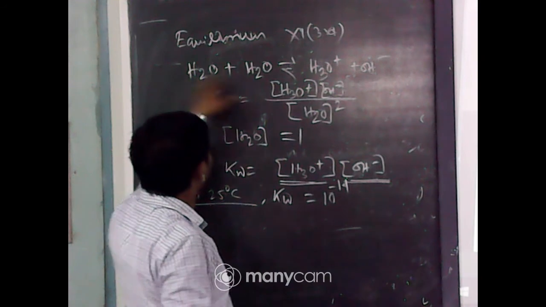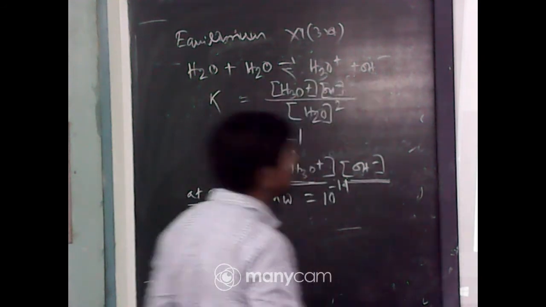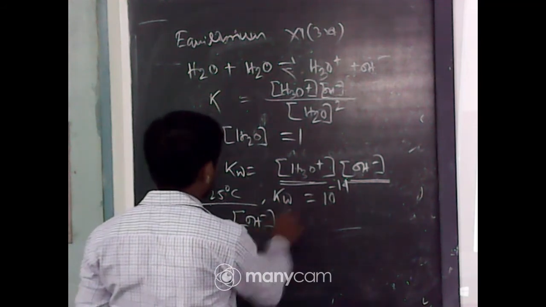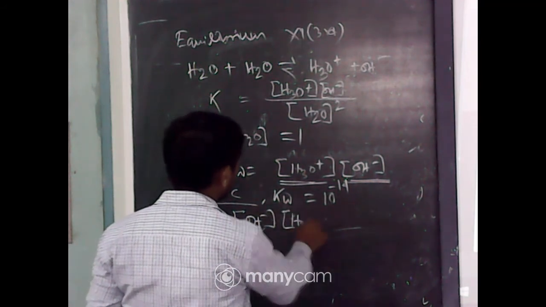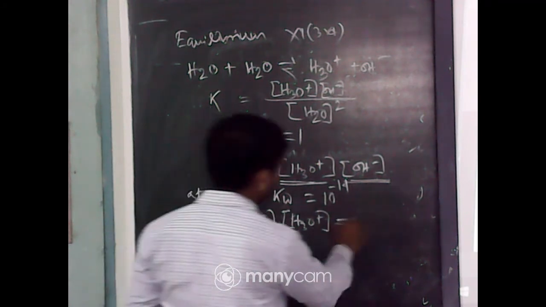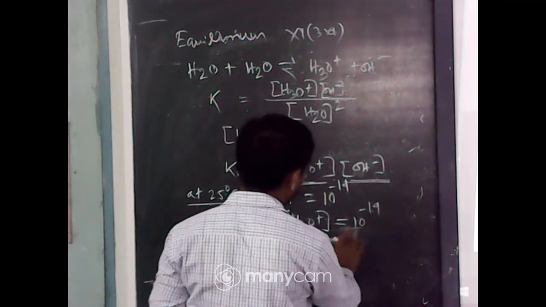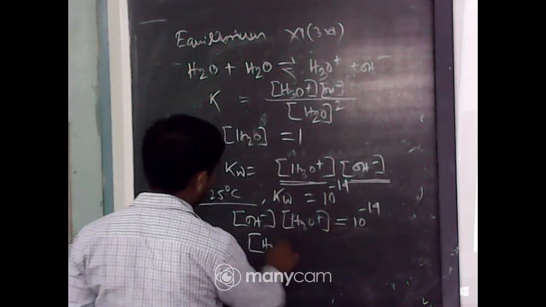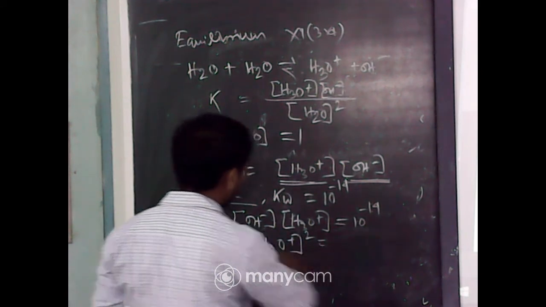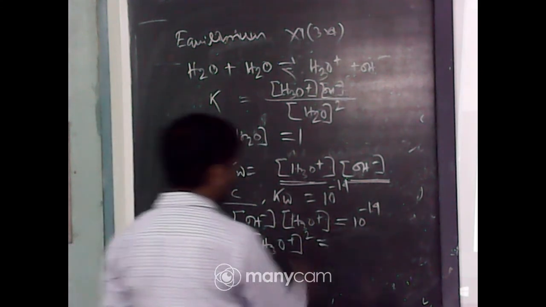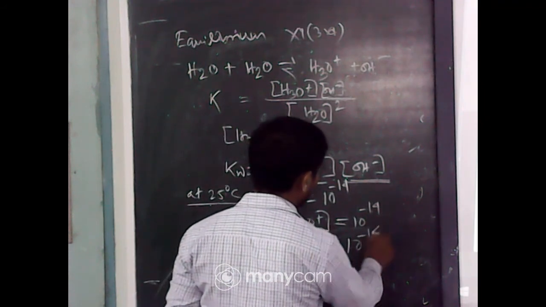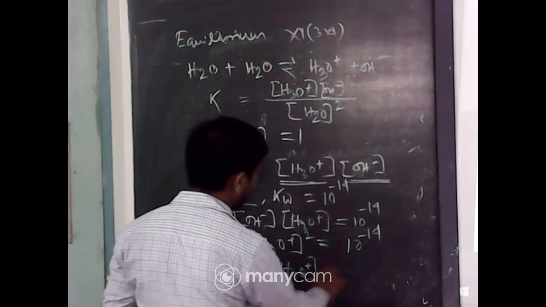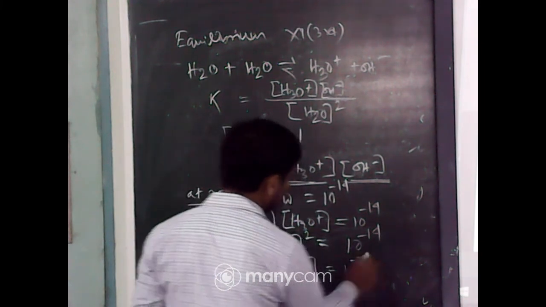So, assuming the concentration is equal, concentration of H3O plus squared equals 10 to the power minus 14, because the concentration is the same. According to mathematical terms, concentration of H3O plus is equal to 10 to the power minus 7.